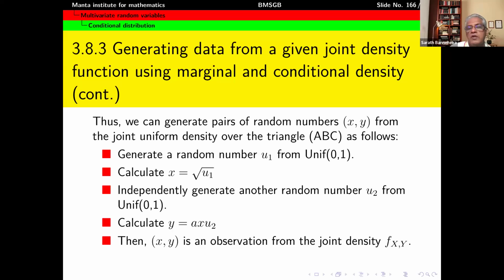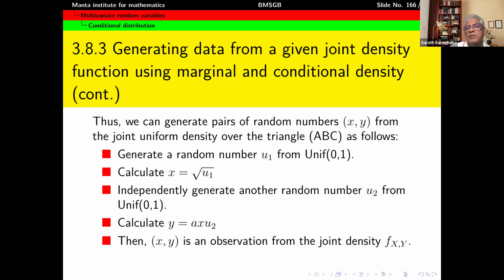So what we need here is the marginal density function and the conditional, actually what we need is the marginal CDF, because we need the inverse of that to generate the data from X, and then the conditional CDF of Y given X to generate data from the conditional distribution. I made a mistake.